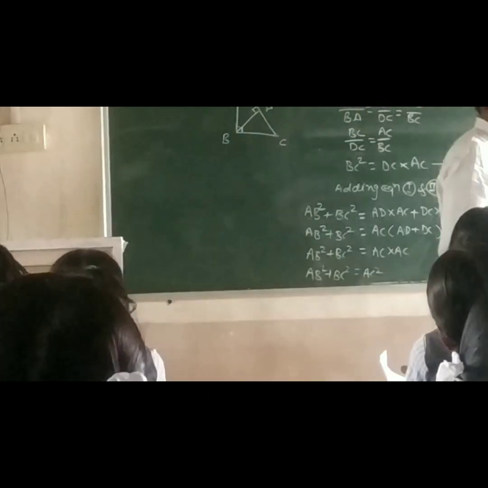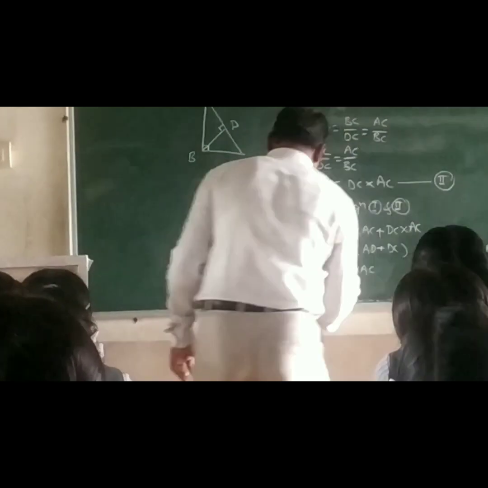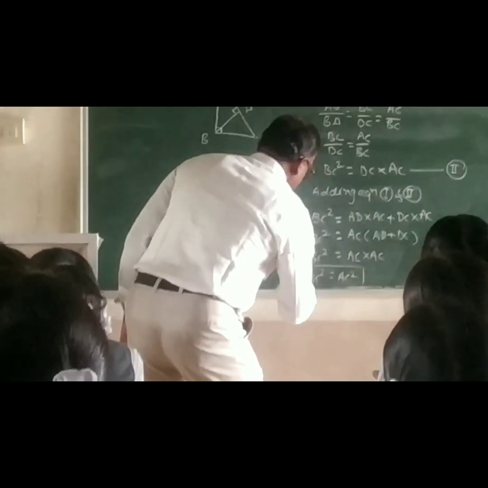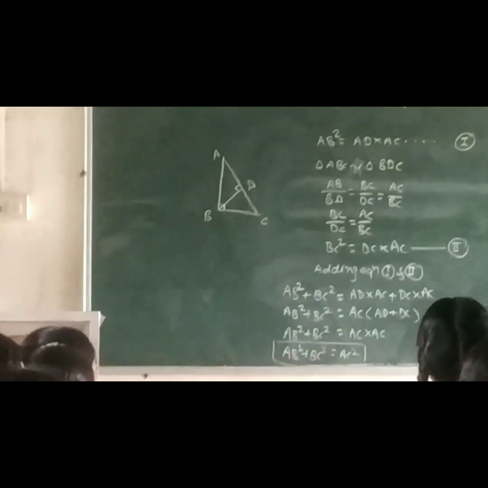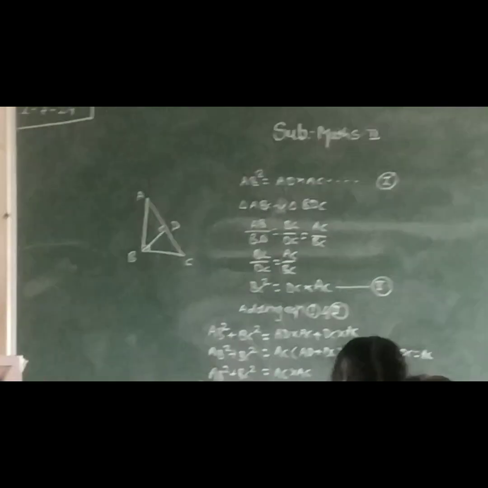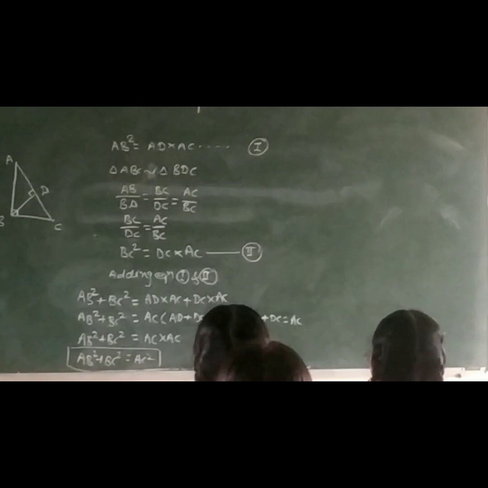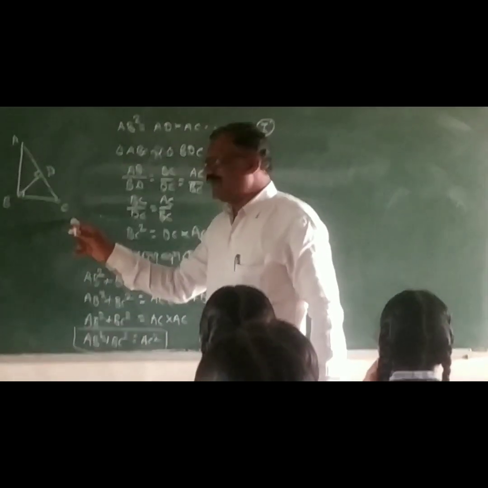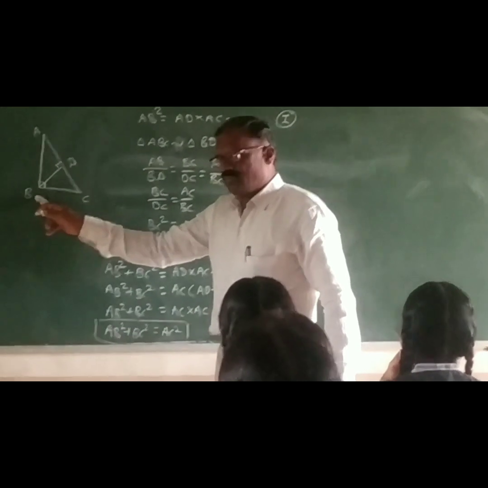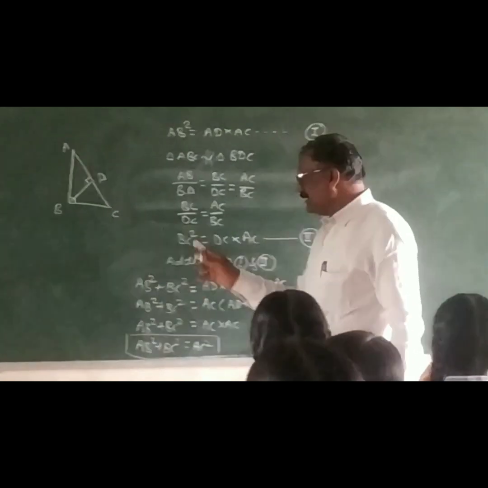This is the Pythagoras theorem. Square of the hypotenuse AC square is equal to the sum of the squares of the remaining two sides, AB square plus BC square.